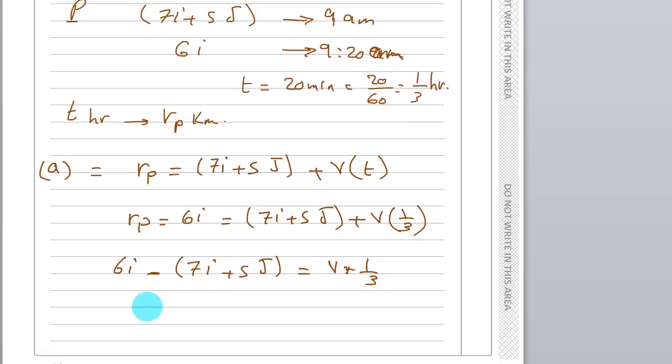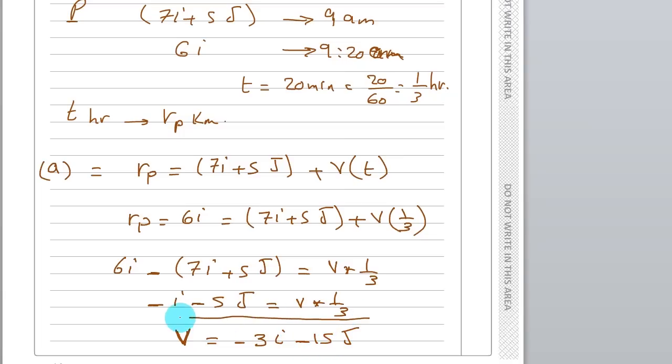So minus i minus 5j is equal to V multiplied by 1 over 3. So V now is equal to minus 3i minus 15j. And this is the vector of the velocity.